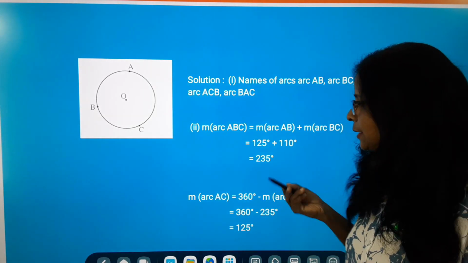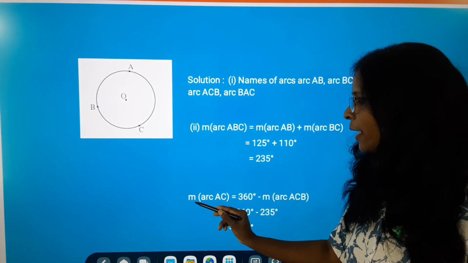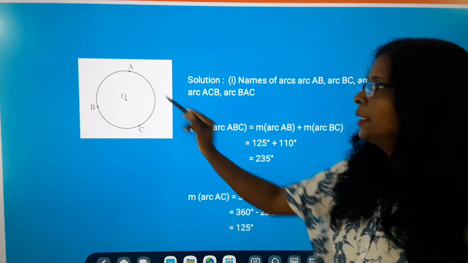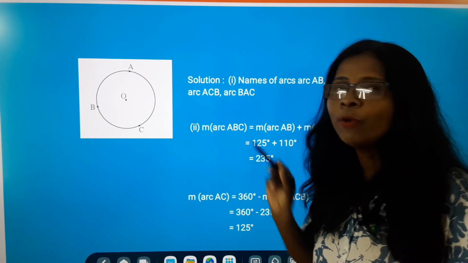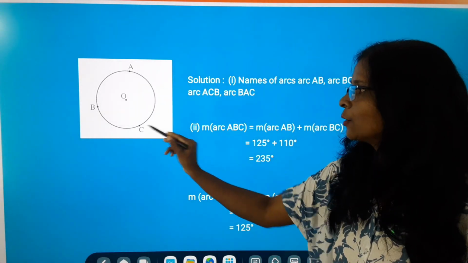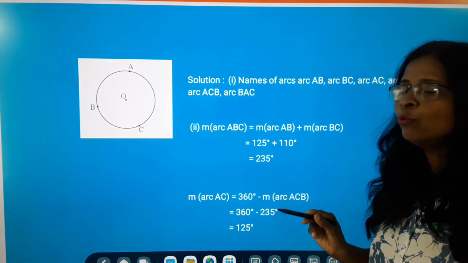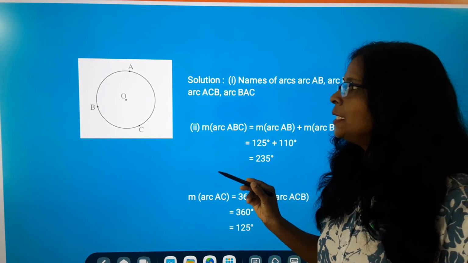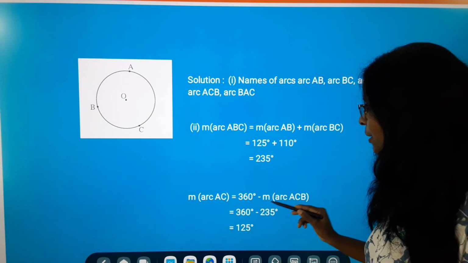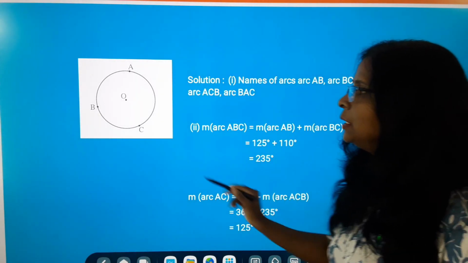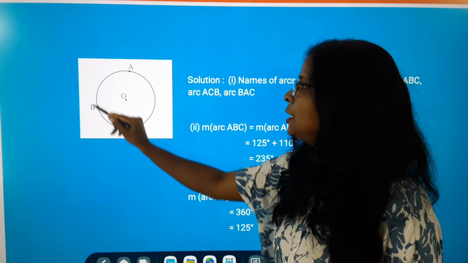Now secondly, we have to find out measure arc AC. This one student, this arc we have to find. So make the formula: 360 degrees minus measure arc ABC.